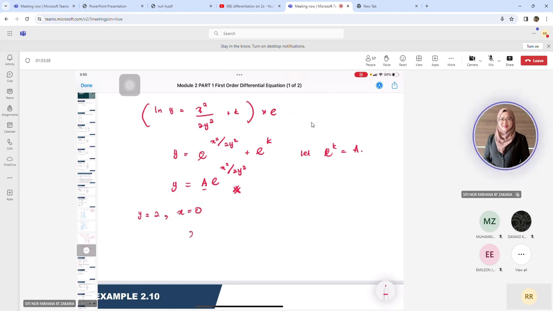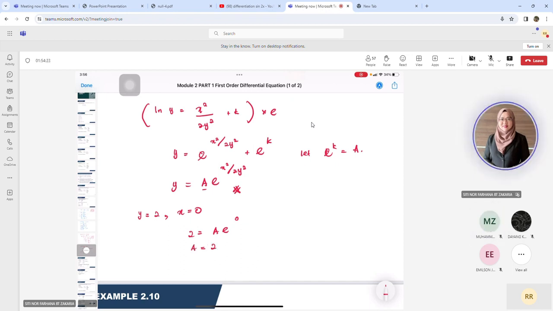So 2 equals to a exponential 0. Exponential 0 is what? Exponential 0 is equal to what? 1. Yeah. Exponential 0 equals to 1.